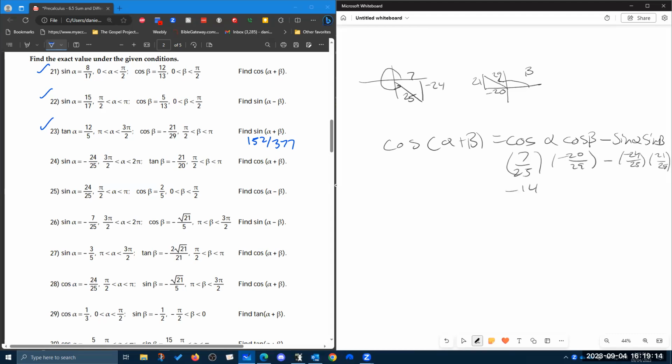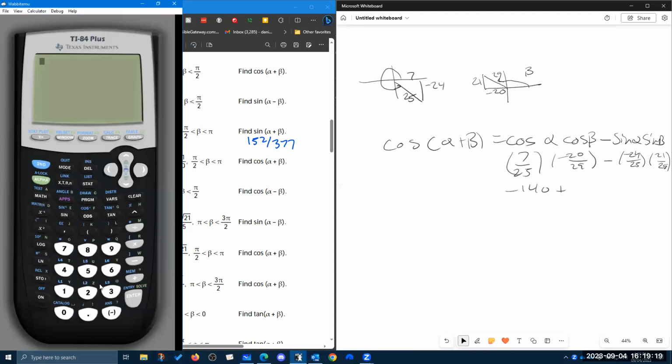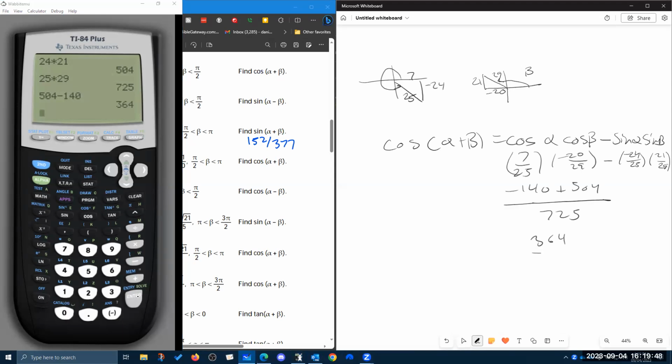So this is negative 140 plus 24 times 21, which is 504, over 25 times 29, which is 725. 504 minus 140 is 364.